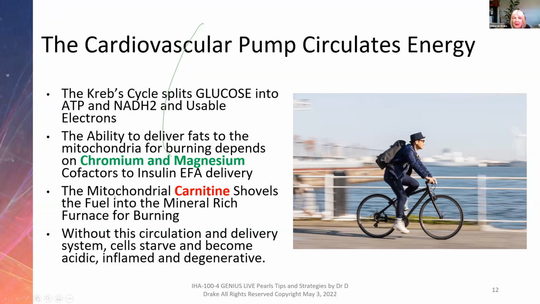And then inside the mitochondria, the carnitine transport trucks, which many bodybuilders are using, that carnitine protein shovels the fuel like a shovel into the mineral-rich furnace to burn for energy.